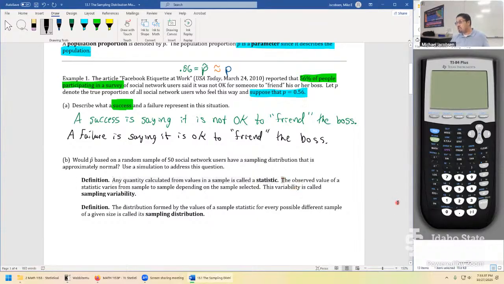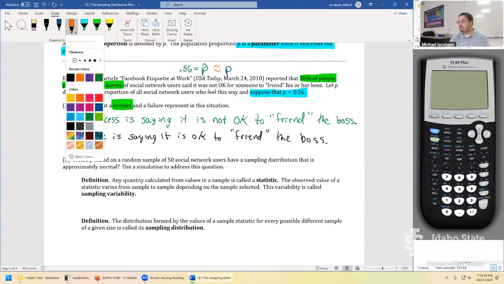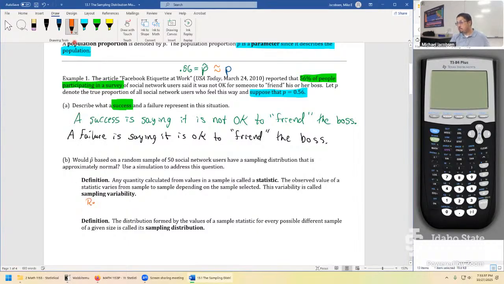So the observed value of a statistic varies from sample to sample, depending on what's selected. And this is what is known as sampling variability. So we do a kind of thought experiment. These are experiments that can be done in real life, but they would be costly. Let's say, repeat this study.